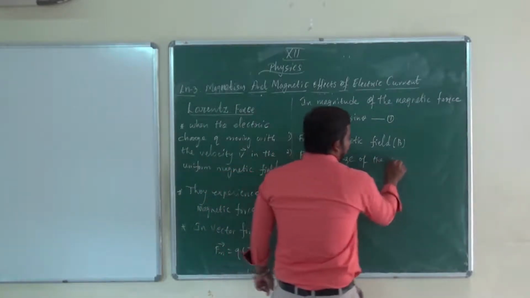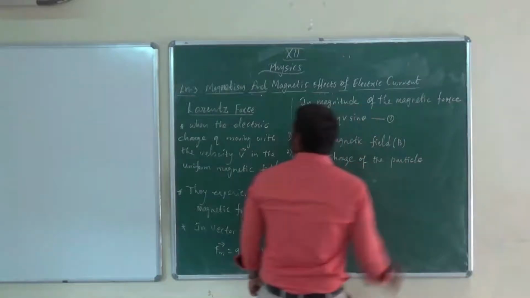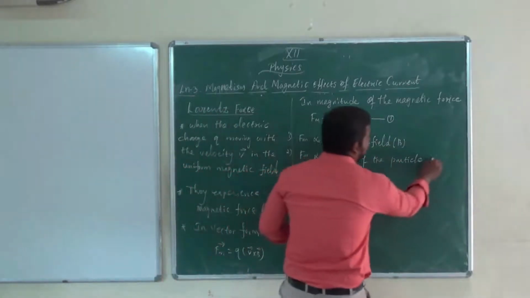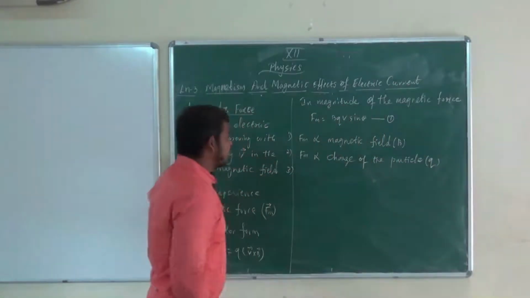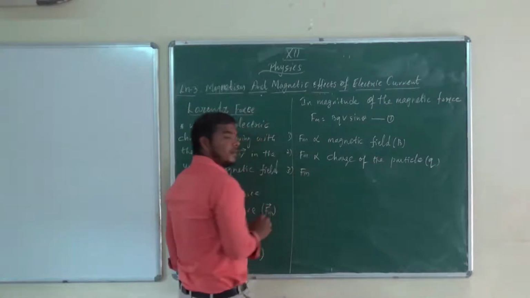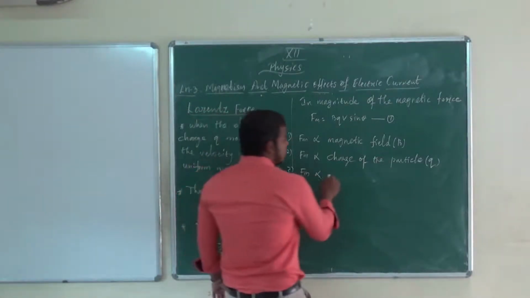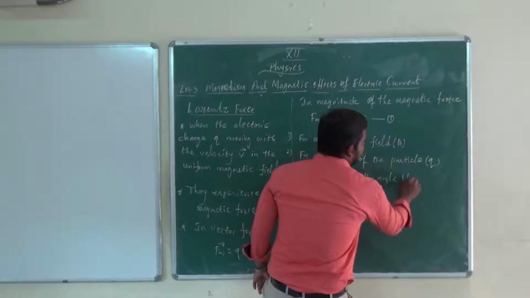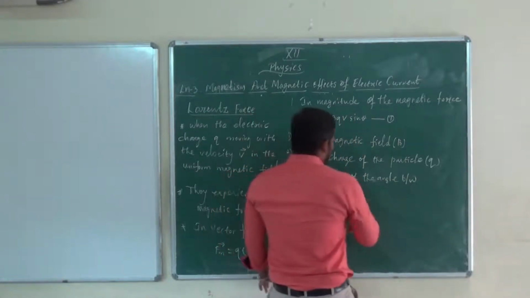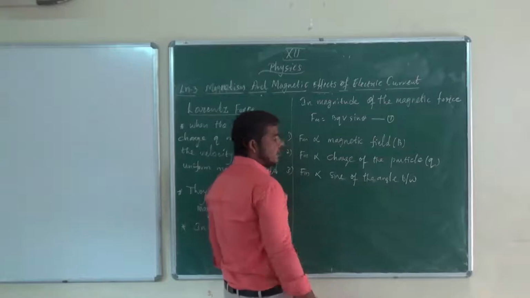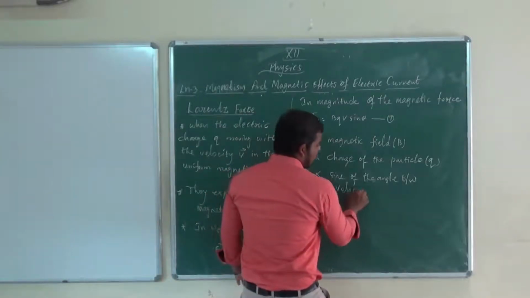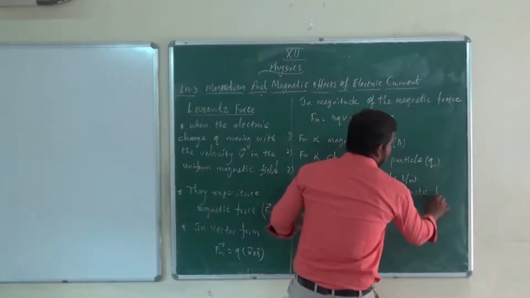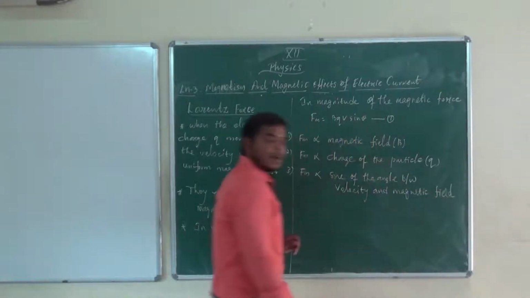The charge of the particle, or electric charge, is Q. Third point: the magnetic force is directly proportional to the sine of the angle between velocity and magnetic field.